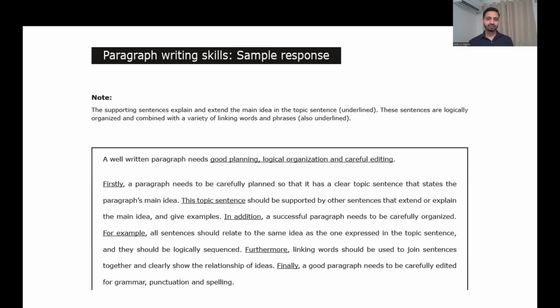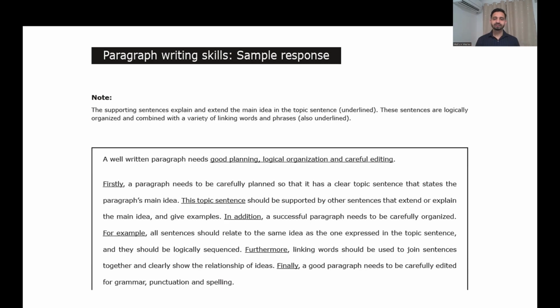A well-written paragraph needs good planning, logical organization, and careful editing. Firstly, a paragraph needs to be carefully planned so that it has a clear topic sentence that states the paragraph's main idea. That's number 1. This topic sentence, now again, this is a linking word, linking the second sentence to the first sentence. This topic sentence should be supported by other sentences that extend or explain the main idea and give examples.